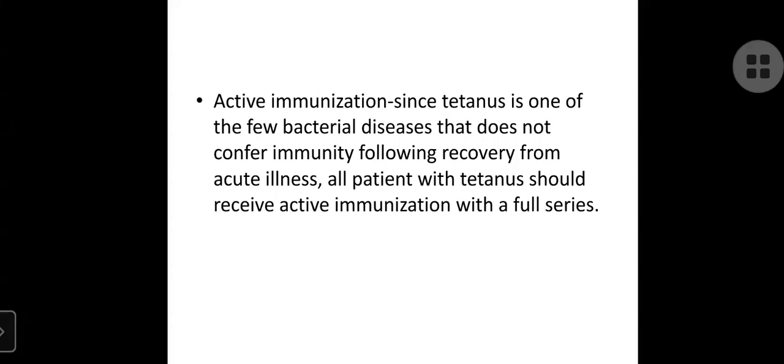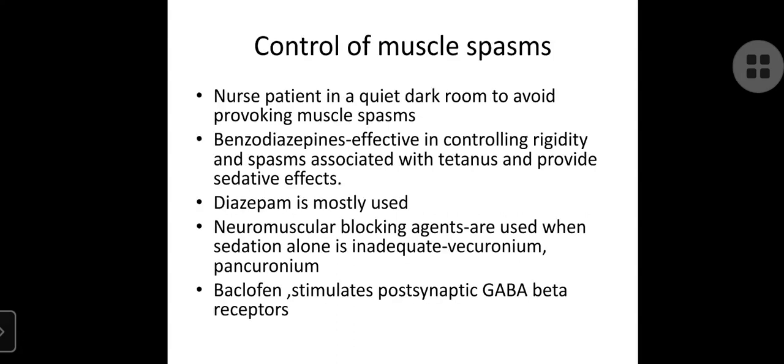Also, active immunization can be given, since tetanus is one of the few bacterial diseases that do not confer immunity following recovery from illness. All patients with tetanus should receive active immunization with a full series. We'll talk about this more at the prophylaxis part.